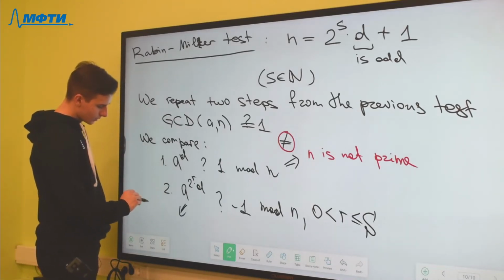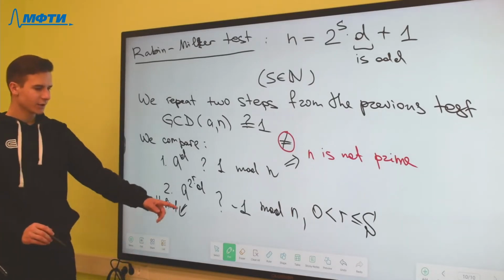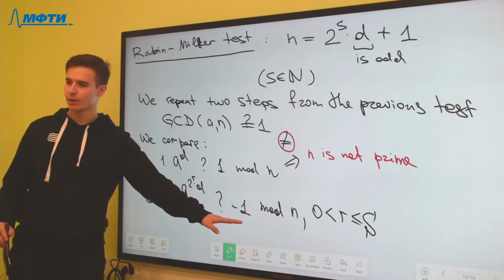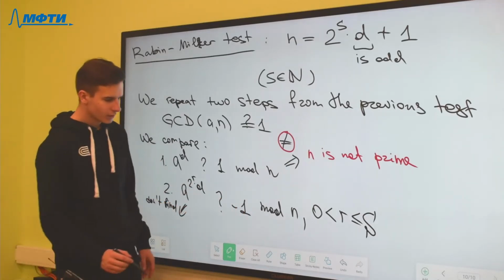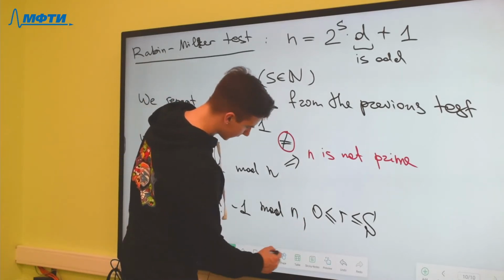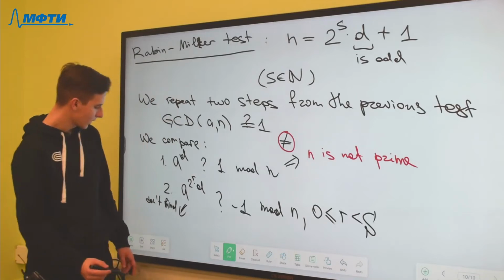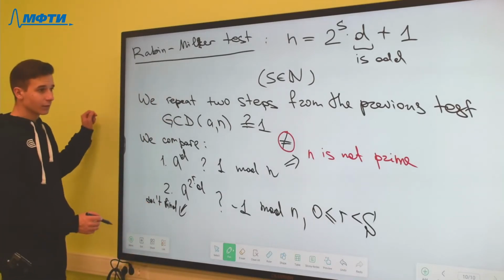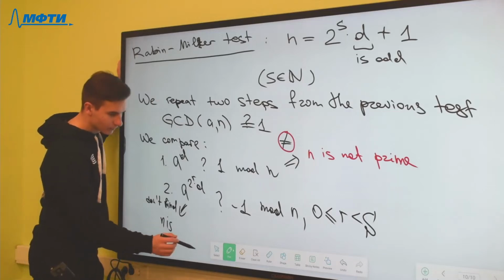If we don't find such an r for which it is equal, we say that n is not prime.